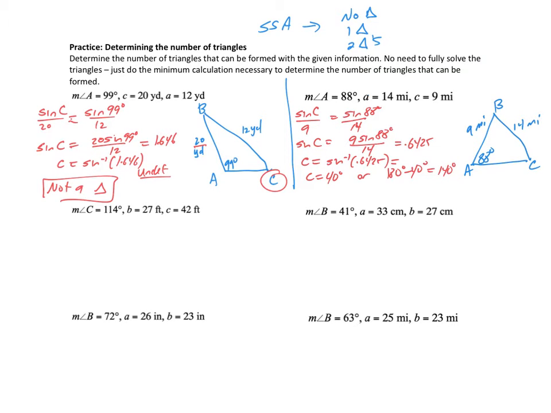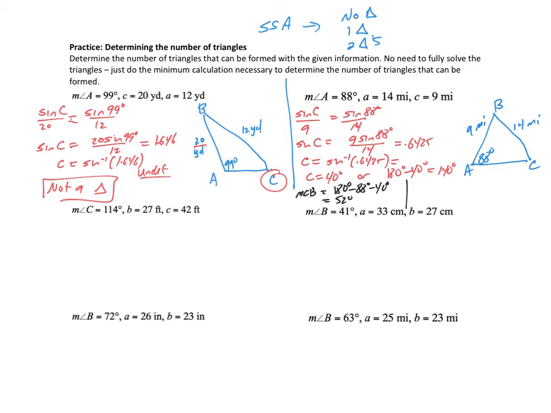If we have that possibility for angle C, let's see if we can actually form a triangle. So we're going to figure out what angle B would be. If C is 40 degrees, we probably don't need to check this, but I will. It's 180 degrees minus 88 degrees minus 40 degrees, which gives 52 degrees.